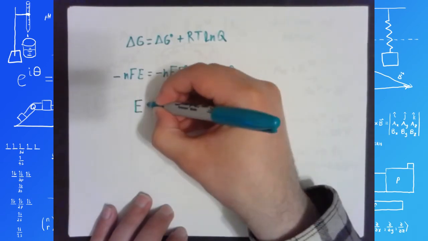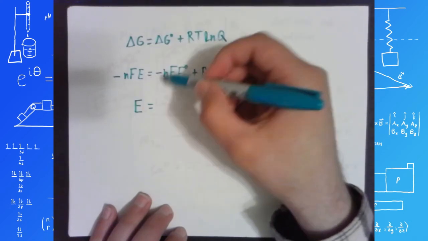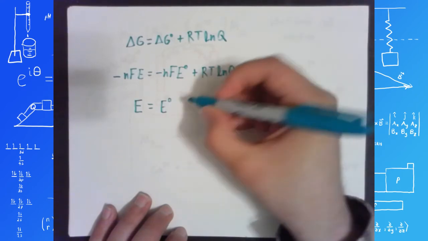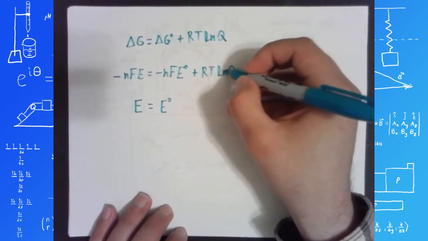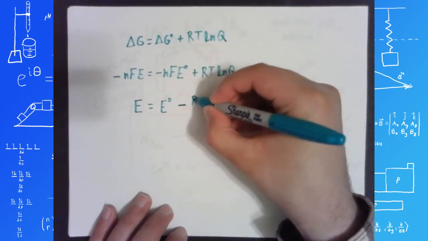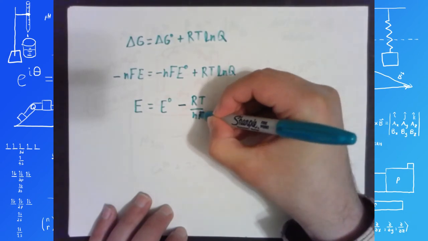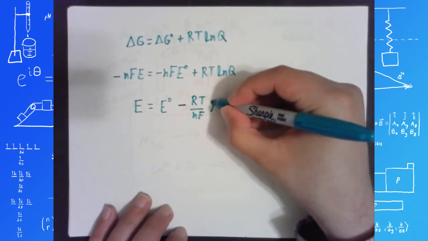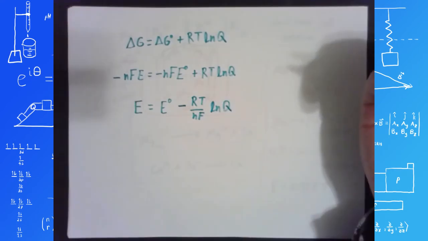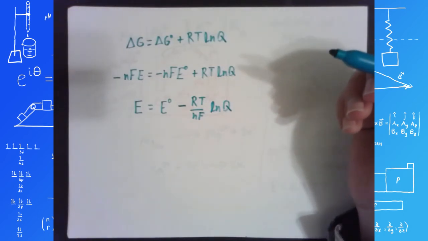So we get E non-standard equals E standard, and then RT ln Q divided by negative NF, so that's minus RT over NF ln of Q.